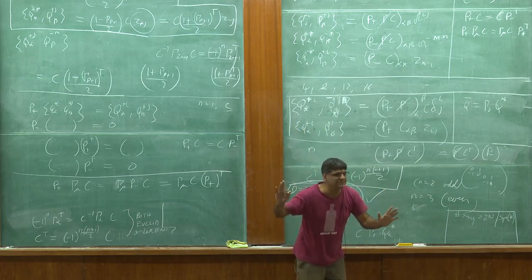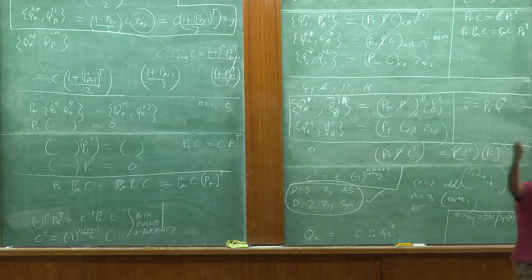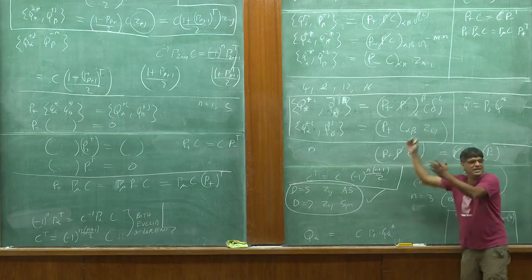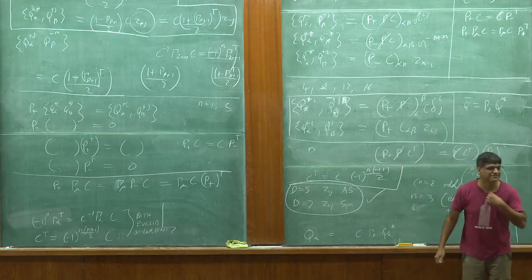Clear? So it's just the opposite of what happened last time. Last time we had a P plus with P minus equals C was consistent, because minus 1 to the power n was odd. Here we have Q plus with Q plus is equal to C is consistent, because minus 1 to the power n is even. So with chirality all this is consistent, and for everything else I'll leave you to check.